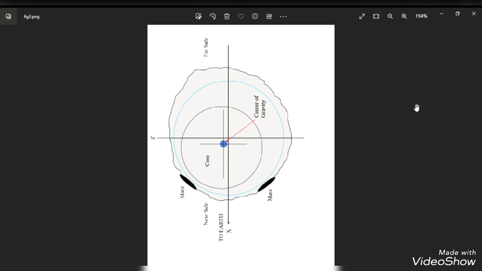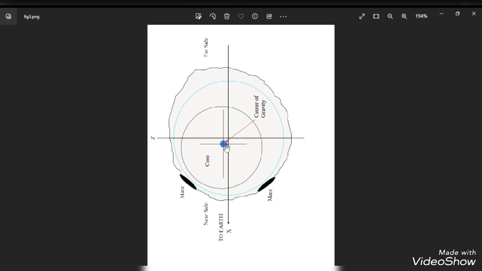Now let's see why we always see only one side of the moon. The moon is a piece of stone like that, not a complete sphere or a complete circle. It's a piece of stone, irregular shape actually, and the side that is facing the earth is heavier than the upper side, and the center of gravity is somewhere here, not just in the geographical center of the moon.